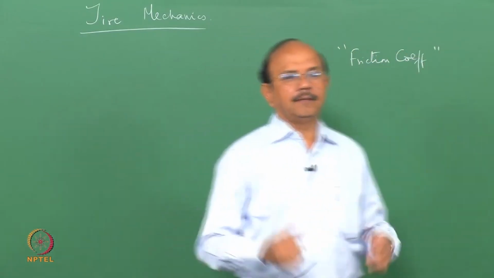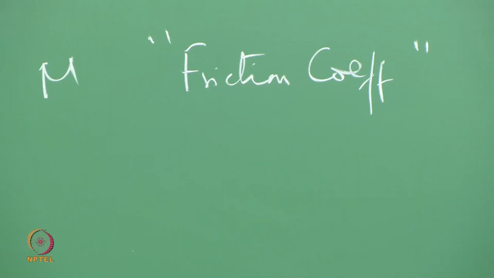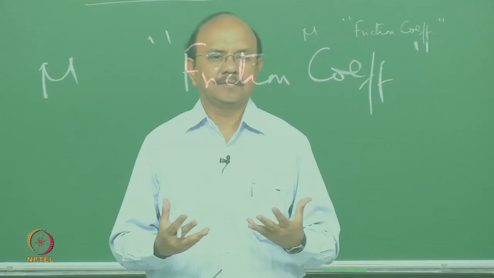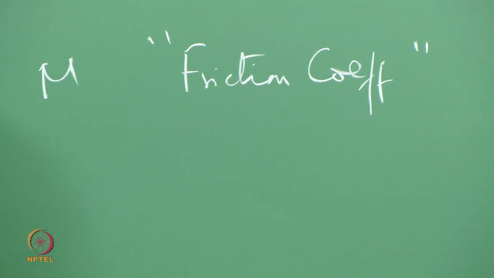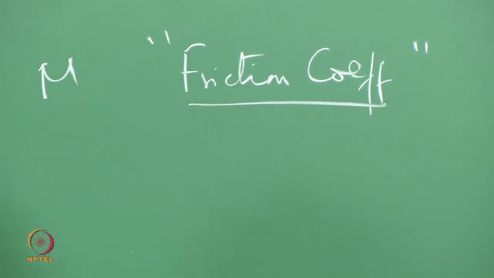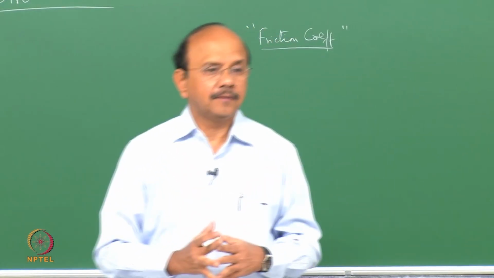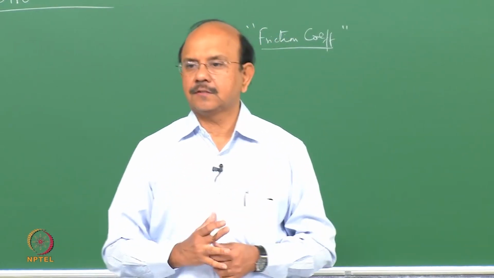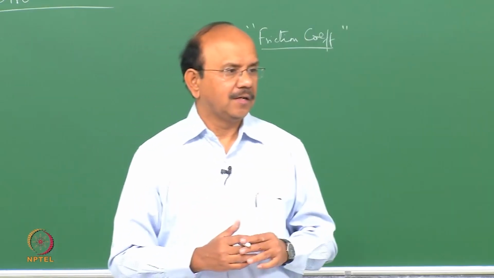I put that within inverted commas, friction coefficient, because it is not as simple as what this equation says or what happens in just a block. So friction coefficient is only a simple equation to depict the behavior of the forces, or depict the relationship between the forces.